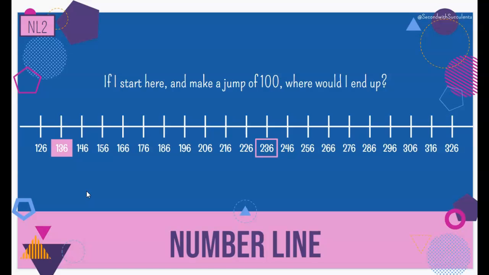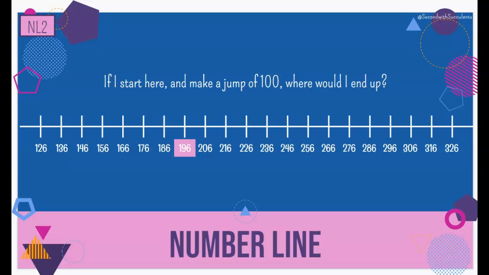You may have been thinking about our friend Kangaroo from when we talk about our century days, and we know that Kangaroo can make little jumps of 10, and she can make big jumps of 100. And we're thinking again about that hundreds place, and I know when Kangaroo makes a jump of 100, the number in the hundreds place changes. That might be what you were thinking about. I have a few more questions for you.